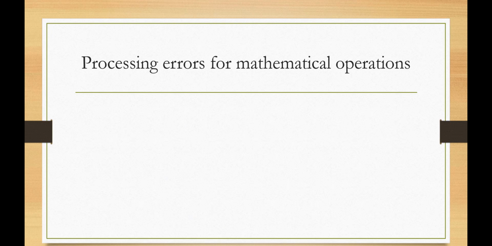So what we discussed before is for individual measurements. While we do the experiments, data is collected for computing new quantities. Let's see how these errors are processed during mathematical operations.